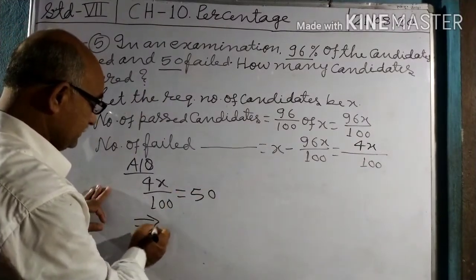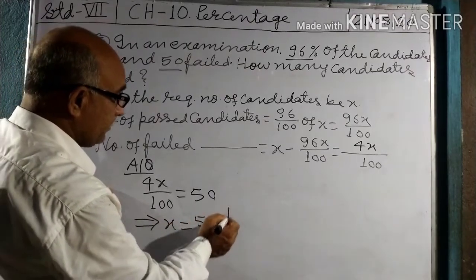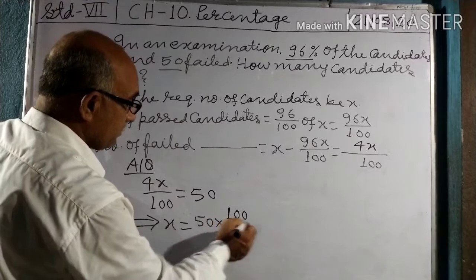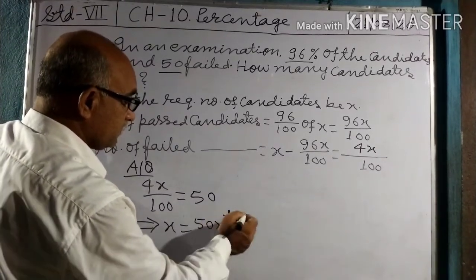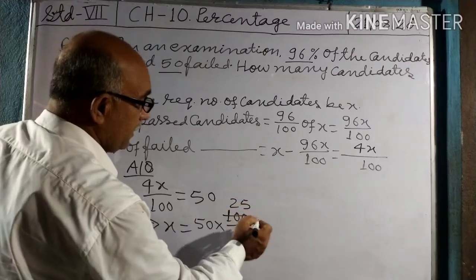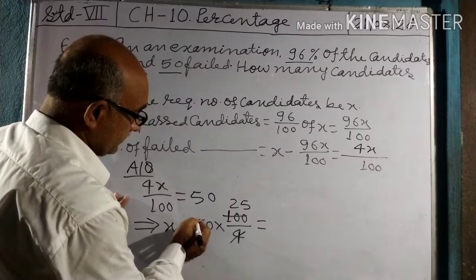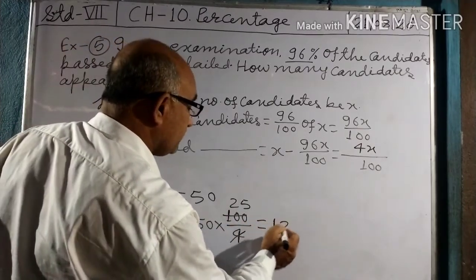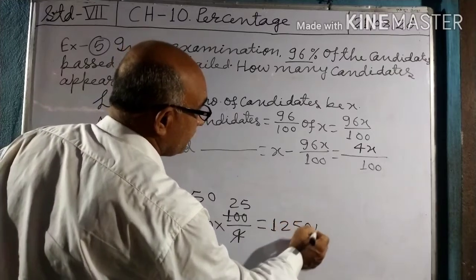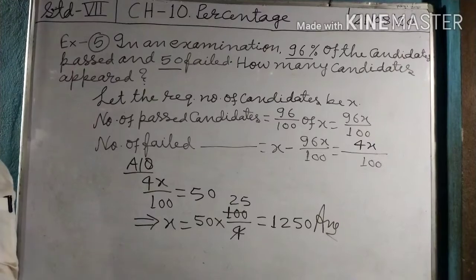That implies x equal to 50 into 100 by 4. 25 fours are 100. 25 into 50 equal to 1250. Understand and write it.